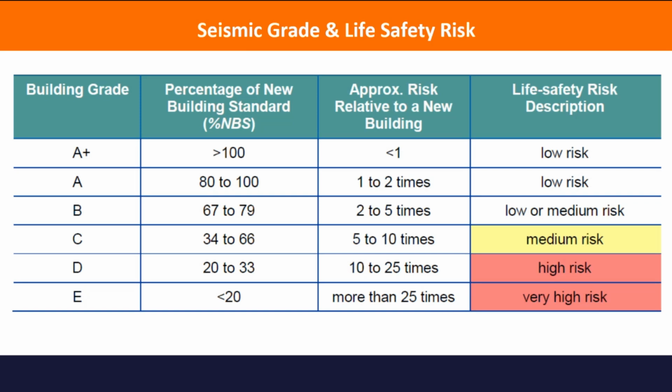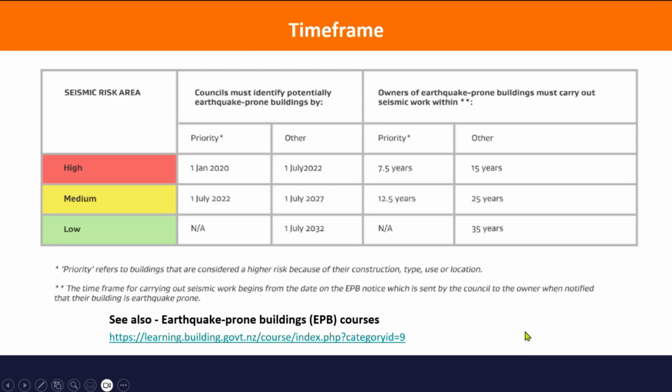So what does that mean? Well, if it's a very high risk, the risk to life safety is 25 times higher than it would be for a new building, which sounds kind of scary, but you've got to bear in mind what level of risk you're exposing yourself to in a modern building and work back from that.